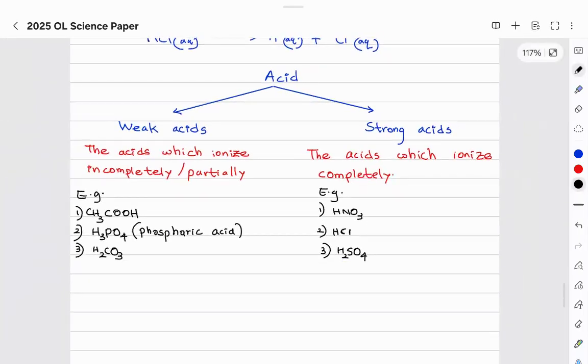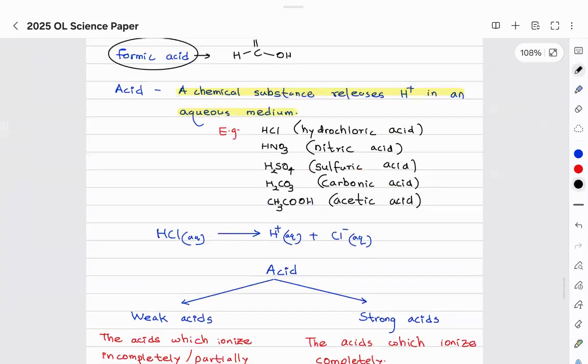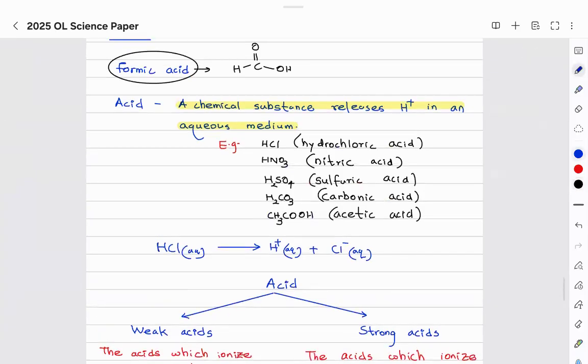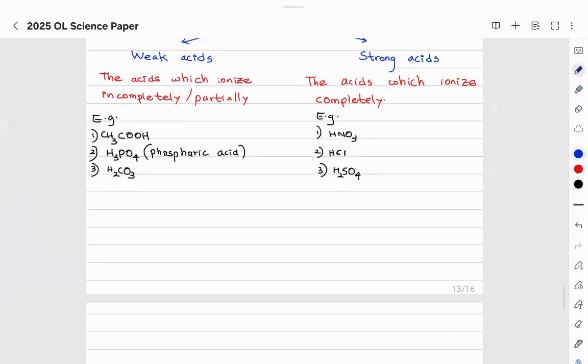Then let's discuss bases. Acid means a chemical substance that releases H pluses in an aqueous medium. Then tell me, how do you define a base? Release OH minus ions. If an acid releases H pluses in an aqueous medium, a base is something that can release OH minus.